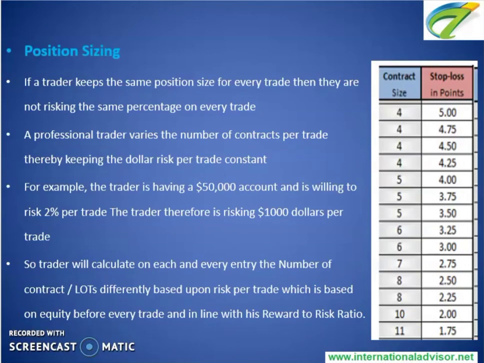So these 3 points are the barriers which control our emotions and help us in profitable trading, and these are very much important and essentially vital requirements which nobody should negate.